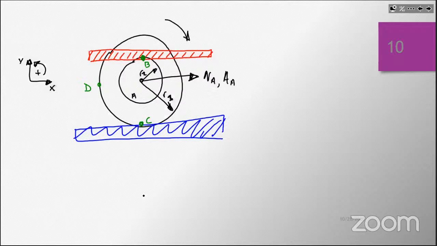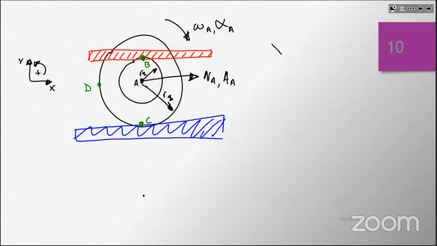And we've got some omega and some alpha, about point A. And point A is the center point.